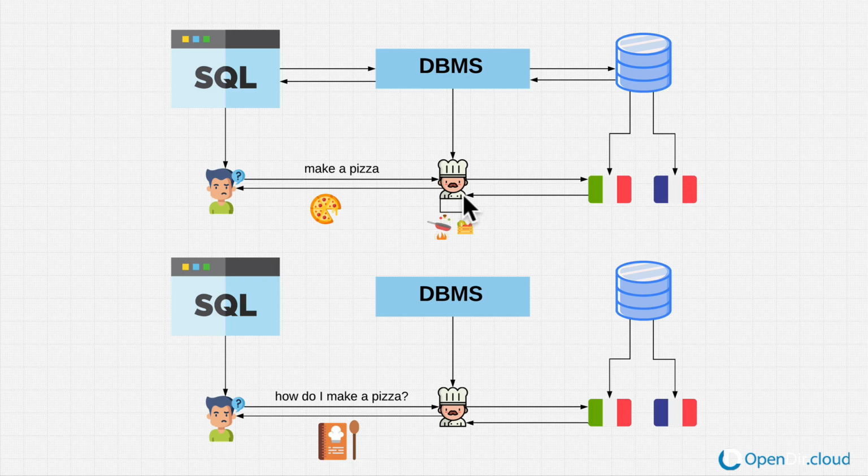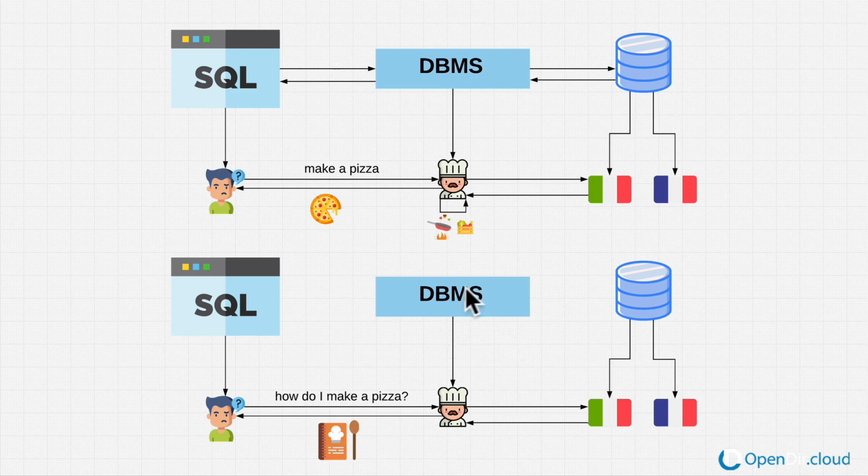The exact same pizza margherita, spaghetti bolognese, a steak, and each and every one of these chefs may do it slightly differently. So each chef has their own quote-unquote database of cooking. And they may all store the data in their head slightly differently. They'll do steps differently, they'll do this differently, that differently. But at the end, when you ask them to make you a pizza, you are going to get a pizza. I hope that makes a bit of sense.